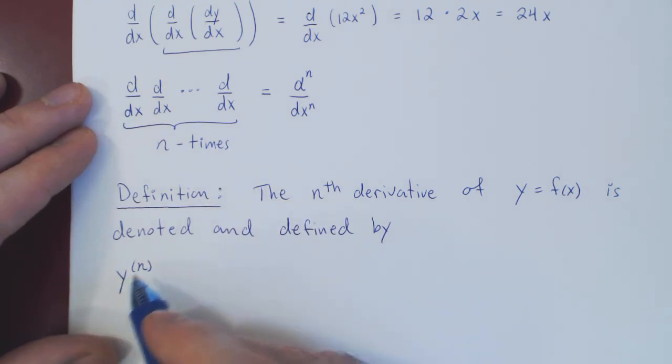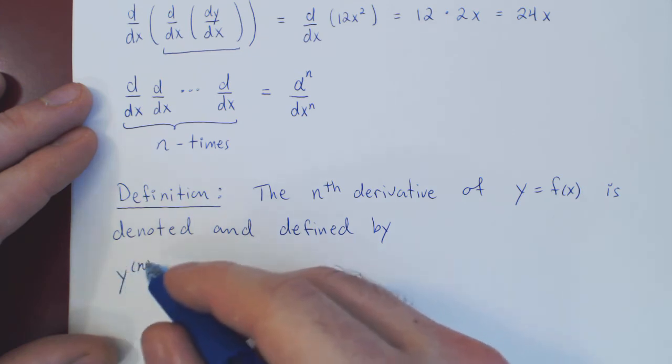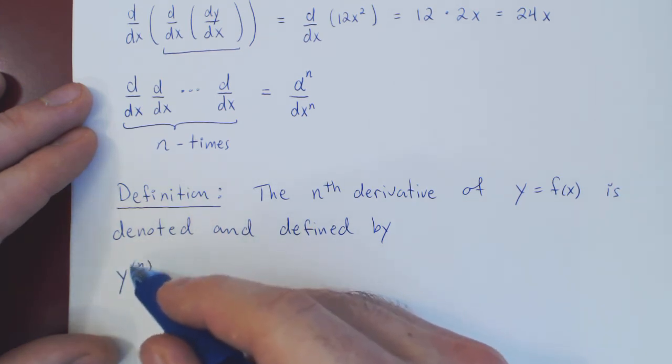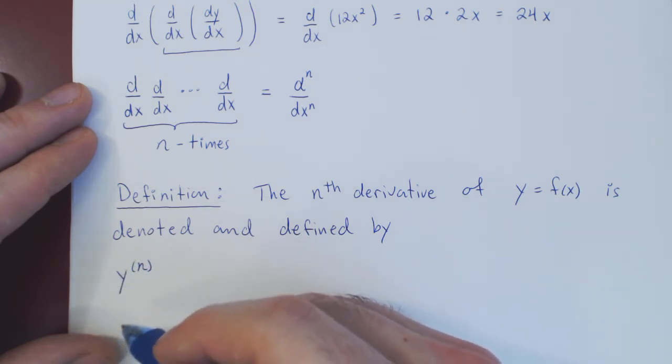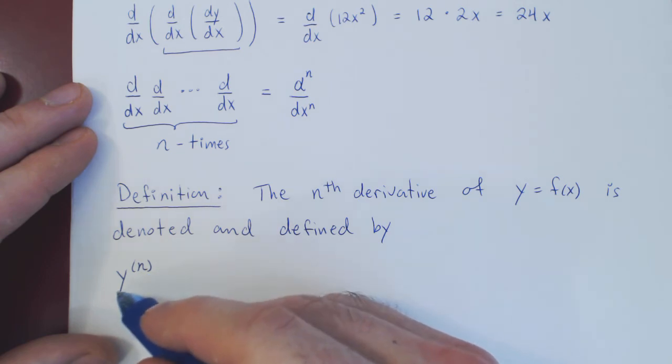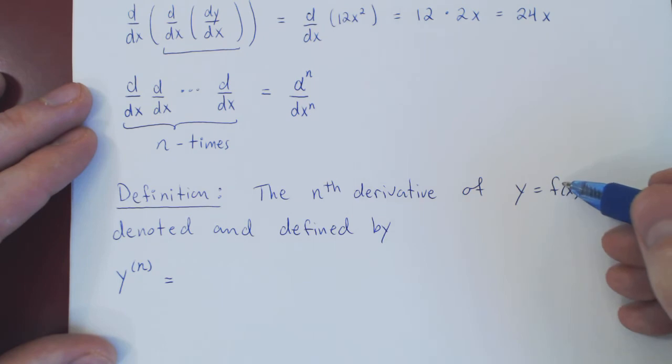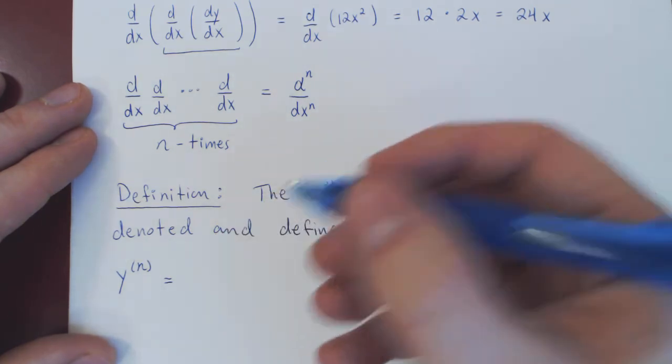So this doesn't mean the nth power of y. If we meant the nth power of y, it would be y to the n, no brackets. But when you write the exponent in round brackets, it means the nth derivative of the function y, which means differentiate y n times. Of course, you could write f instead of y, so you could do the same thing.